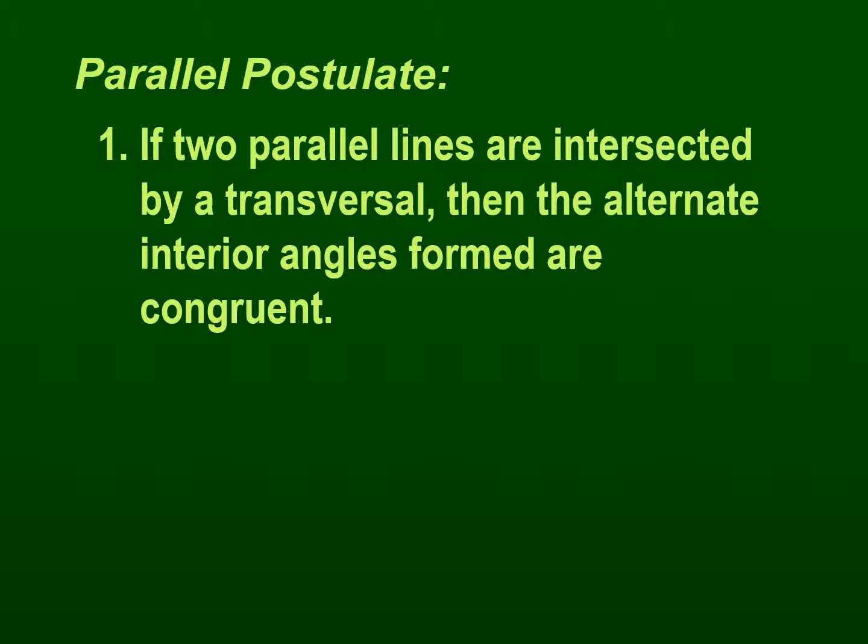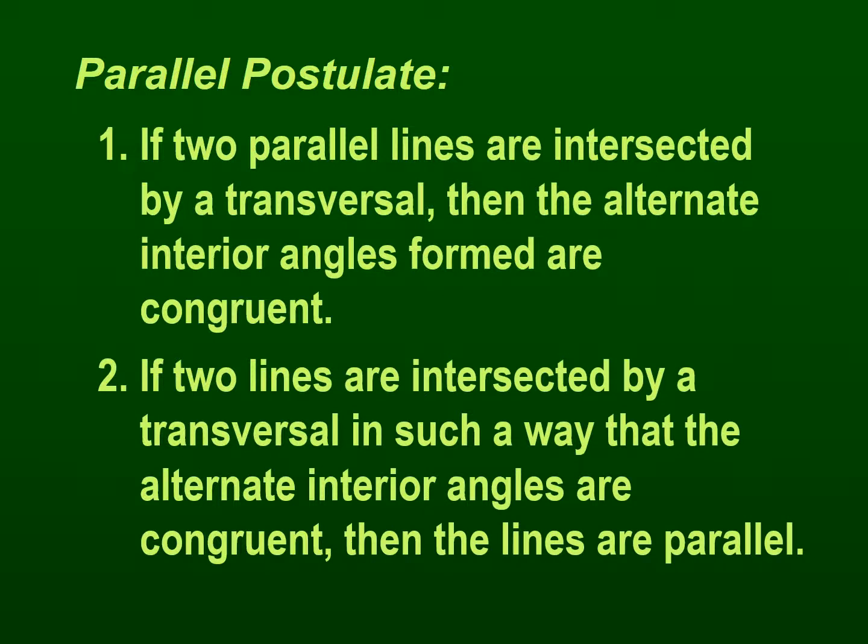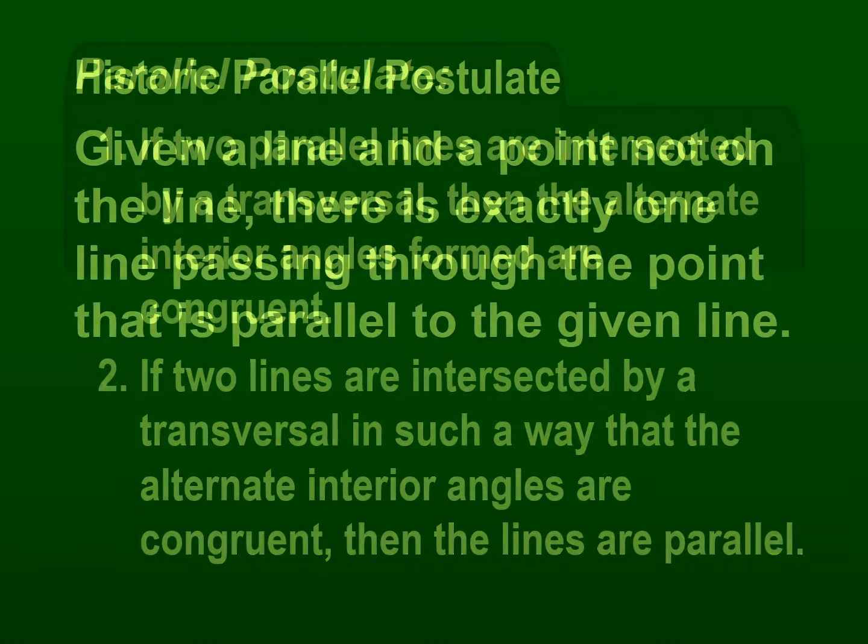So parallel postulate: if two parallel lines are intersected by a transversal, then the alternate interior angles are congruent. And since it's if and only if, it also works the second way: if the alternate interior angles are congruent, then the lines are parallel. So you can go both ways on this postulate.